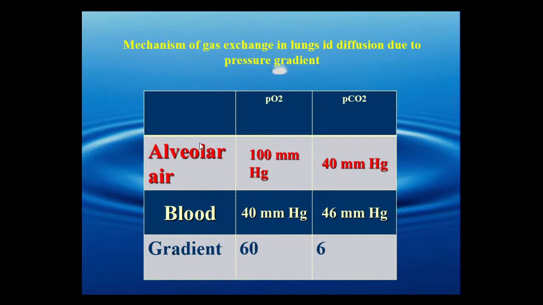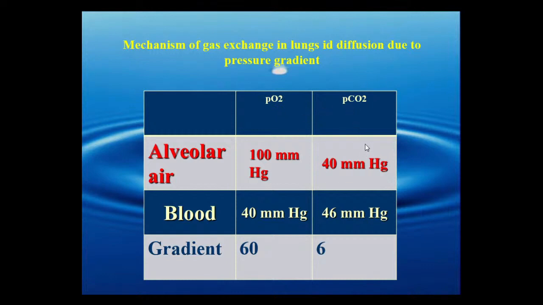In alveolar air, we have a partial pressure of approximately 100 millimeters of mercury for oxygen. And in the blood of the venous capillaries in the lungs, we have only 40 millimeters of mercury for oxygen.